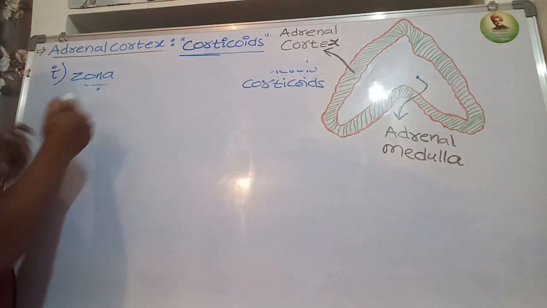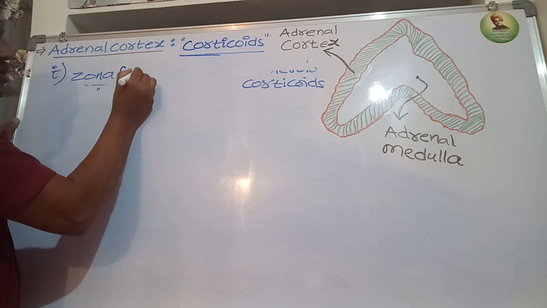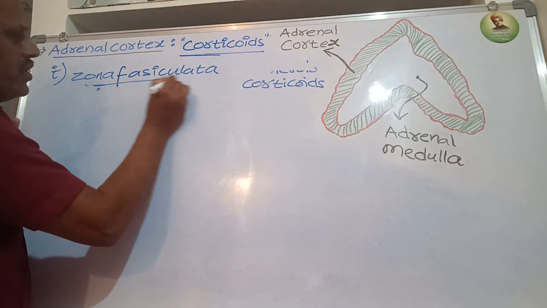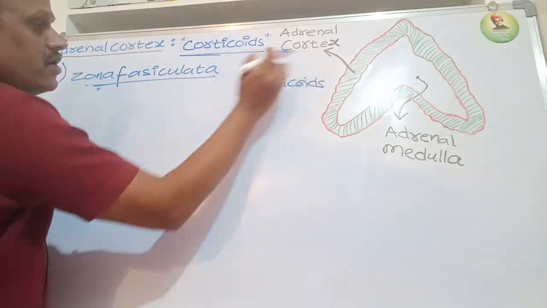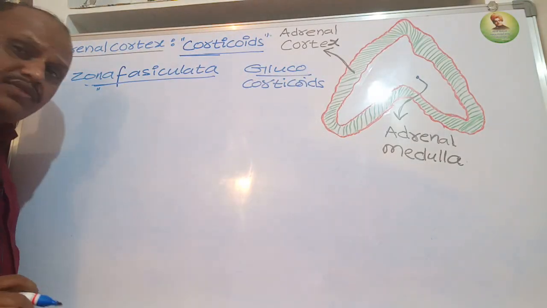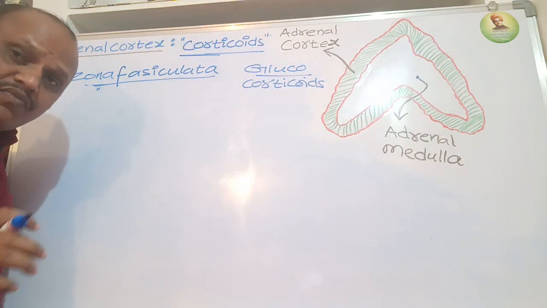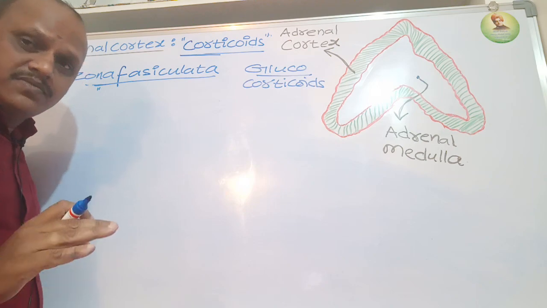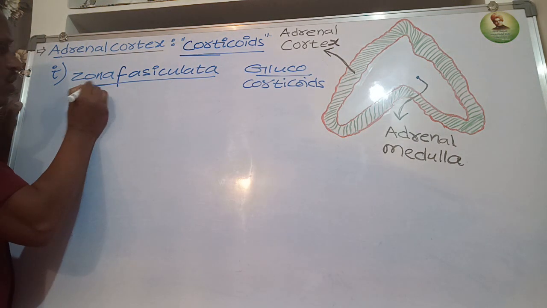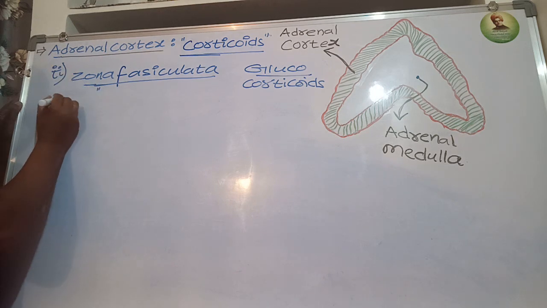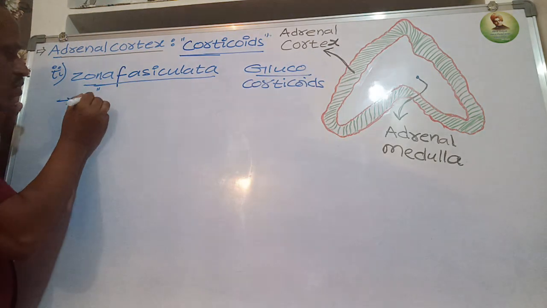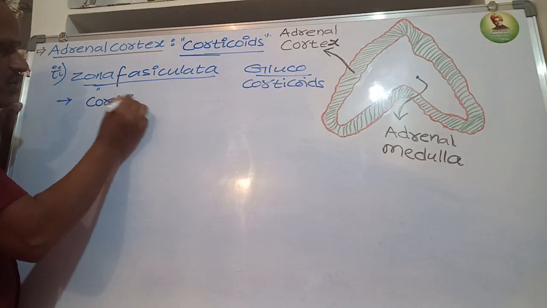Glucocorticoids are the corticoids involved in carbohydrate metabolism, and the main glucocorticoid is cortisol.